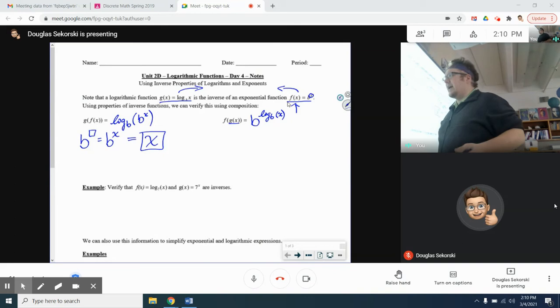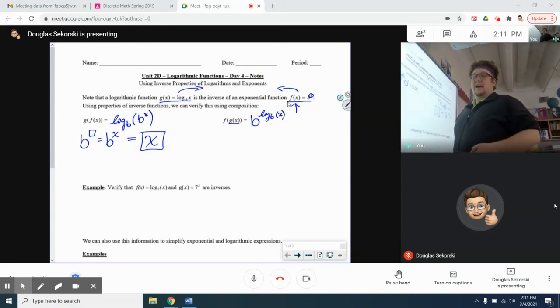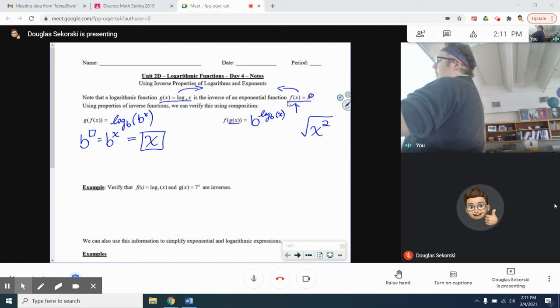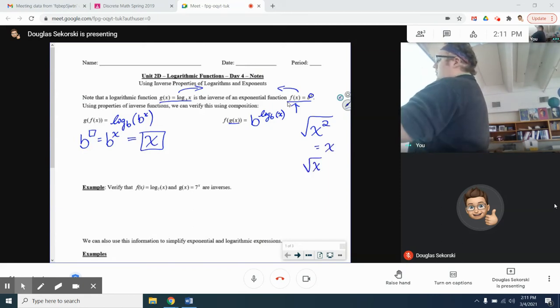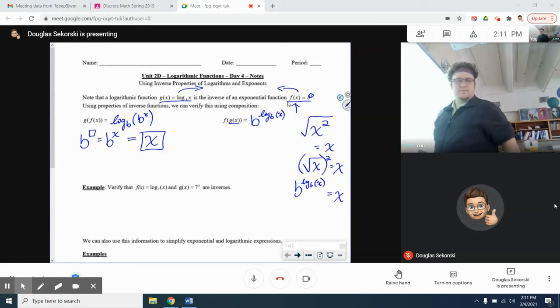It's a little strange, but this is one you come to recognize as undoing. Just as we take x squared and take the square root and it ends up being x, or you could take a square root and square it and get x, b to the log base b of x is equal to x.